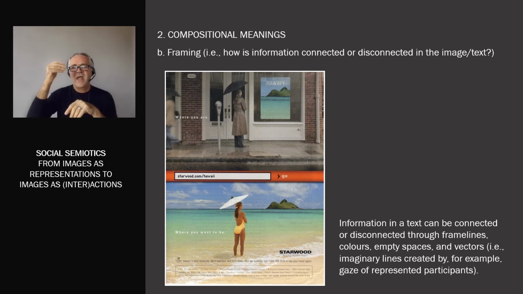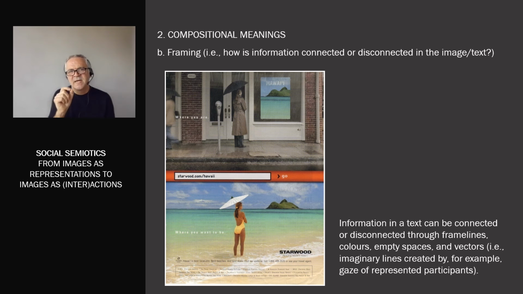The very gray image at the top is designed to be deliberately disconnected from the very colorful image on the bottom. It's another world that's being represented, and the contrasting color helps create this distinction between ordinary life and luxury travel life. But we also have some other important vectors helping to connect or disconnect the information.